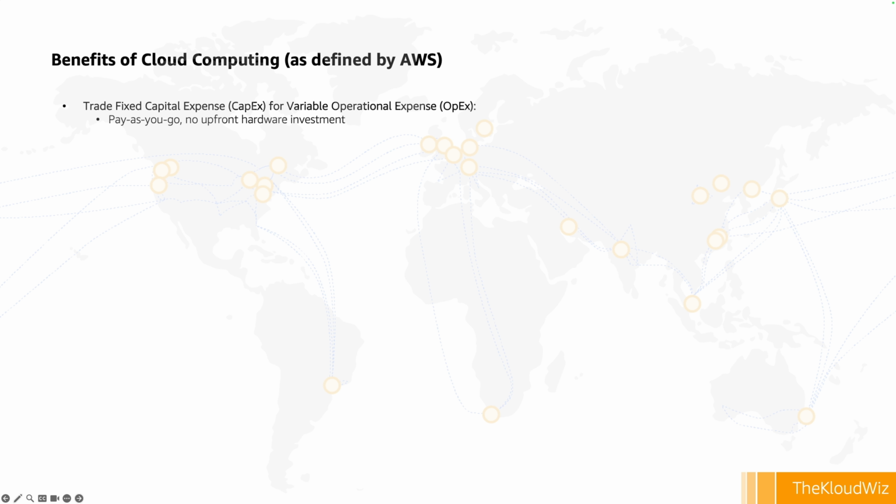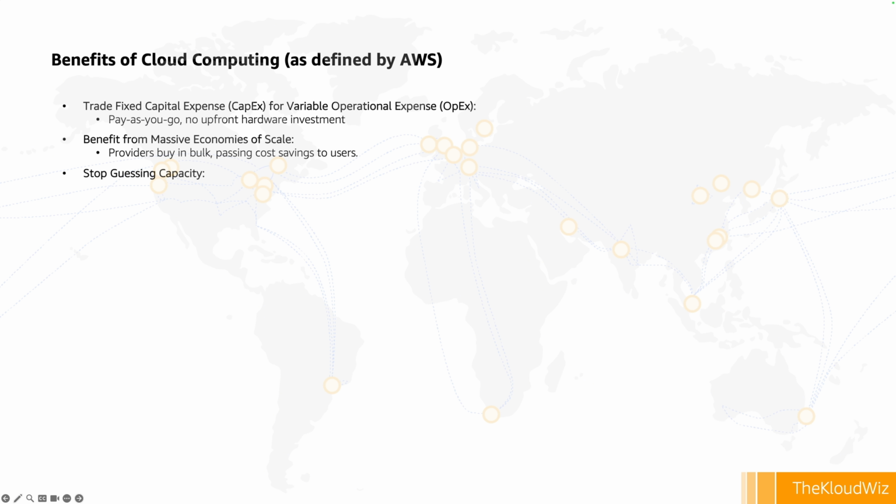So you don't need to invest huge amounts of money upfront in hardware or data center setup. You can benefit from massive economies of scale, which means that AWS as a provider buys all their infrastructure equipment in bulk, and by so doing, they pass these cost savings to the users. And also, as AWS keeps growing, the cost of using AWS services reduces.